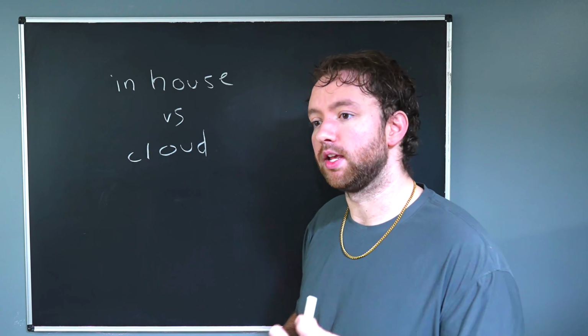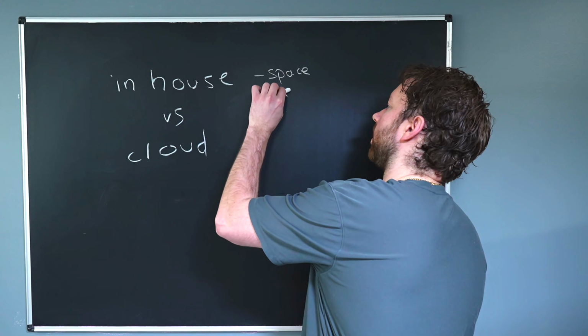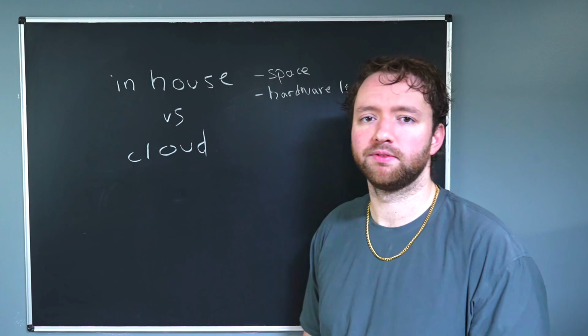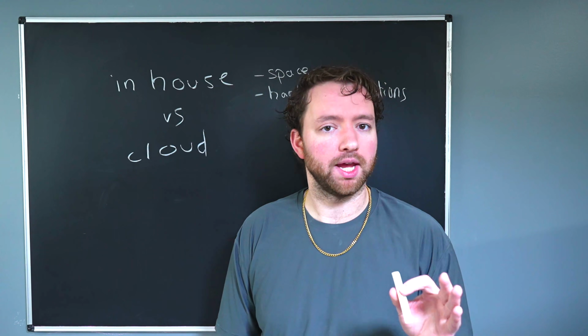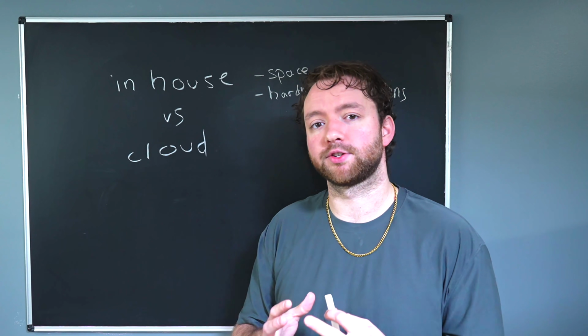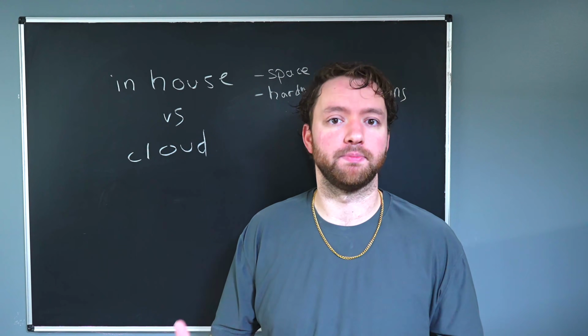The biggest one is space and hardware limitations. So yeah, in a cloud environment, go ahead, set up 20 servers. You don't have to think about the space that those servers take up. With an in-house setup, you might not actually be able to add a bunch of servers just because they take up space.